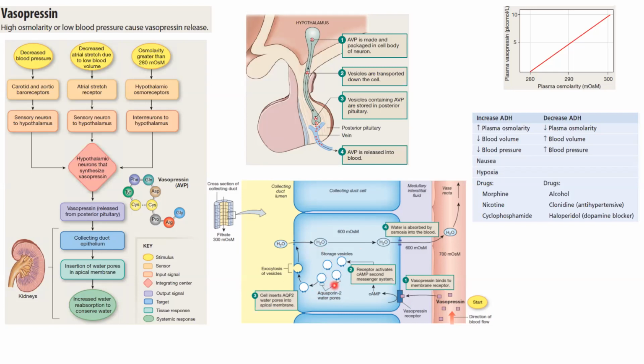So the things that have been used up are replenished by the newly formed aquaporin vesicles. Right. So these aquaporin vesicles, when they are activated by the secondary messenger system, they go and they basically fuse with the apical side, the lumen side of the collecting duct.